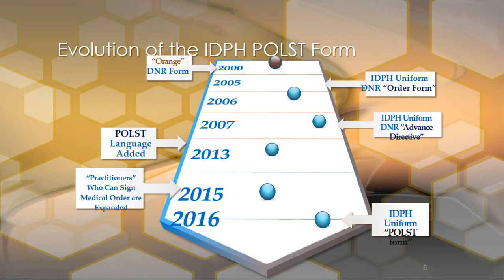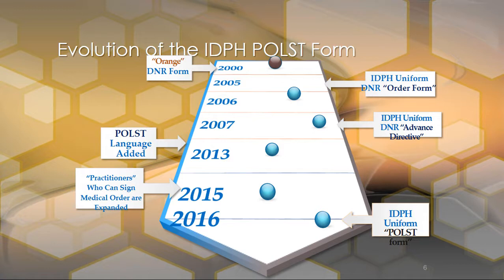In 2006, there was a little bit of confusion if the form had to be used for every in-hospital DNR order. And the answer to that was no. So as a result, it was renamed the IDPH Uniform Do Not Resuscitate Advanced Directive.